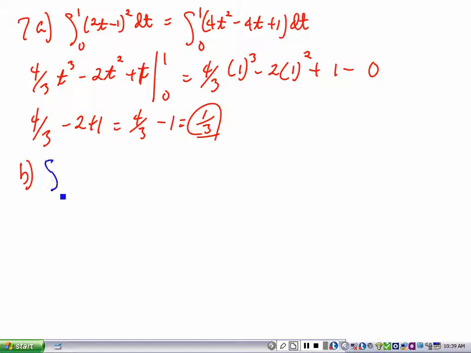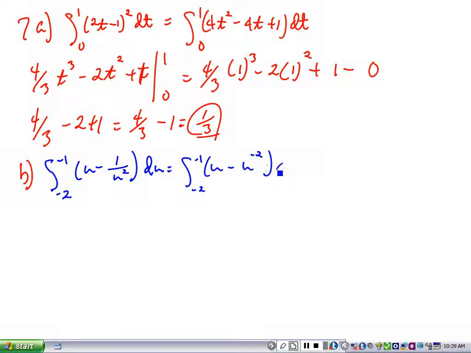We have the integral from negative 2 to negative 1 of u minus 1 over u squared du. This is u minus u to the negative 2.